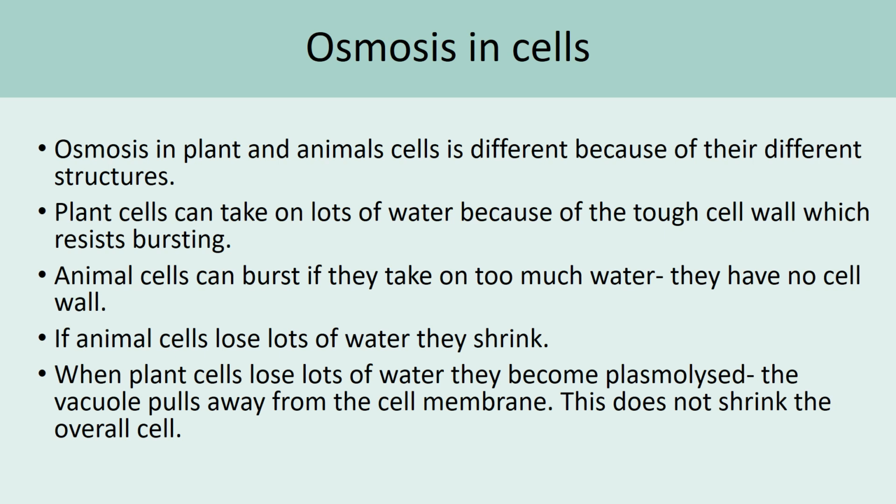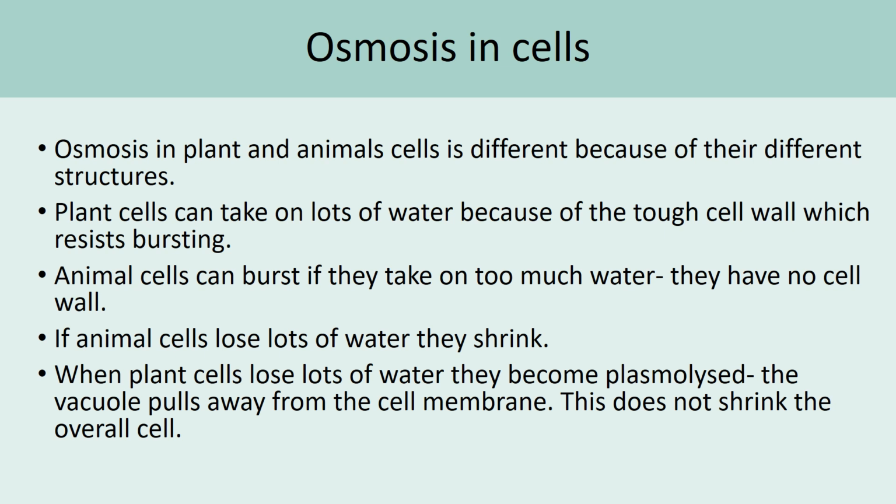Now, if animal cells lose water, so if you put them in a solution where water is moving out of the cell, then they shrink. Seems straightforward. And if you put plant cells in them, they don't shrink, they become plasmolysed.